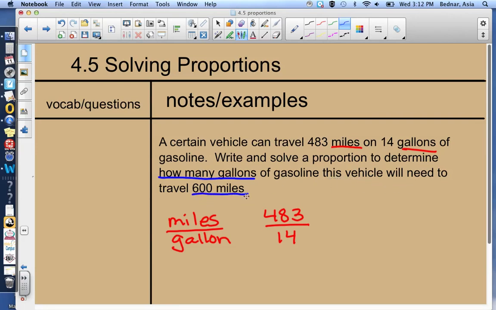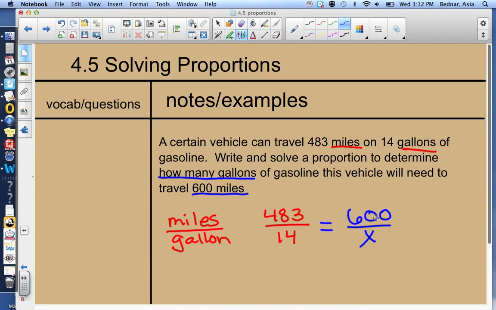I do know that. I know that miles were on top, so I'm going to write miles on top on this side over gallons, which I don't know. If I don't know something, that's when I use a variable. You can use G for gallons if you want. It doesn't matter what variable you use.